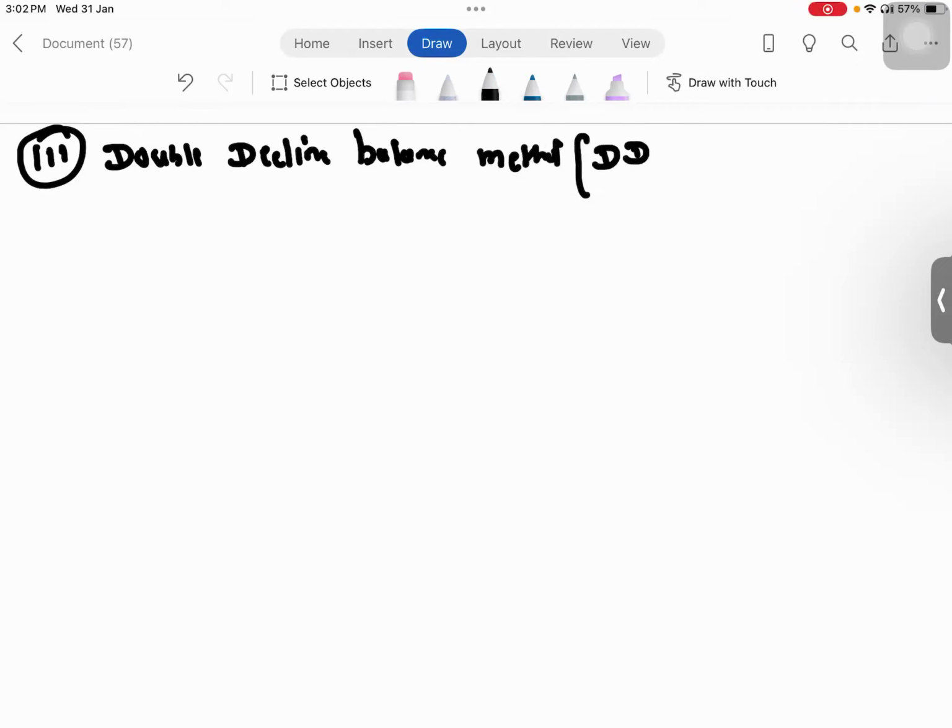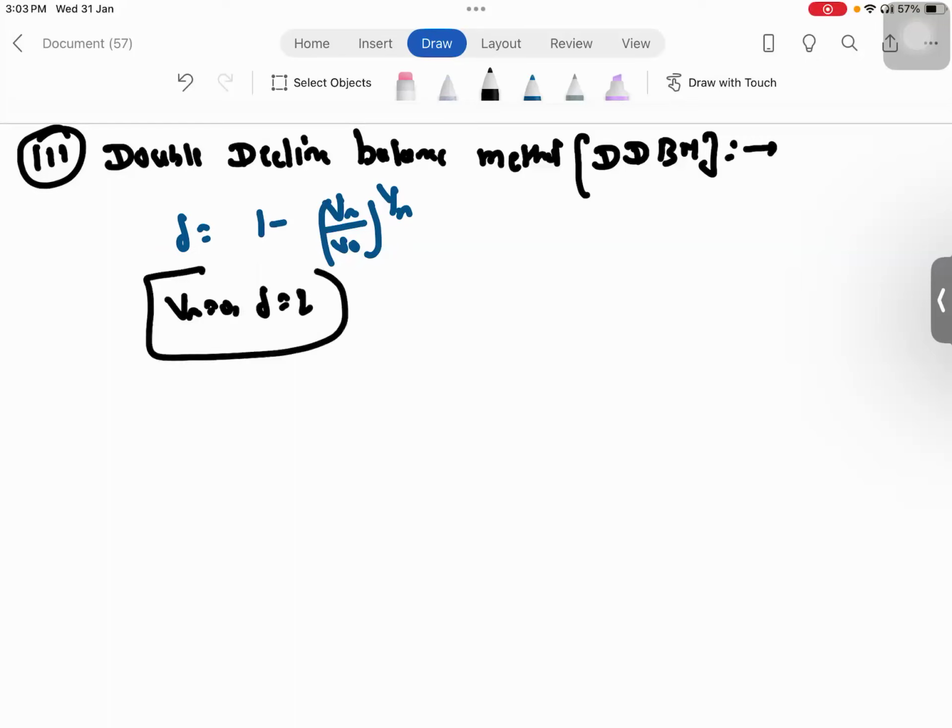But if you think about the declining balance method, the percentage fixed factor was equal to 1 minus (Vs by V naught) whole to the power 1 by N, right? This was your percentage fixed factor in the case of the declining balance method. But let's say if your Vs is 0, the percentage fixed factor will become equal to 1. So in order to overcome this problem, we'll go for the double declining balance method.